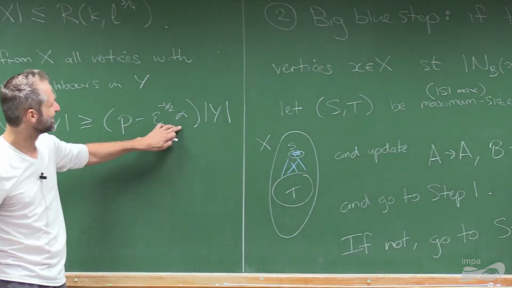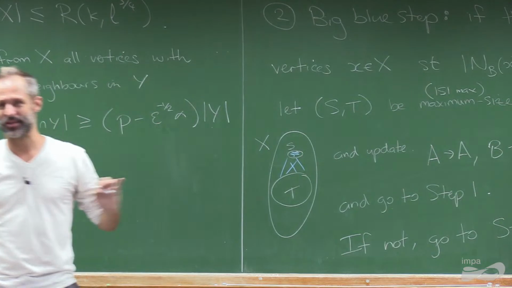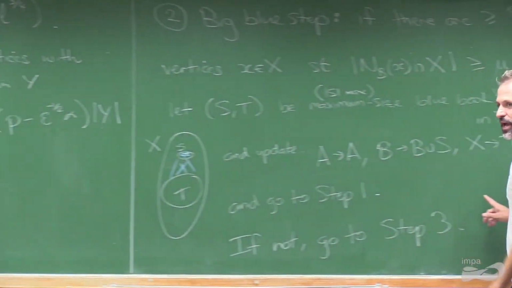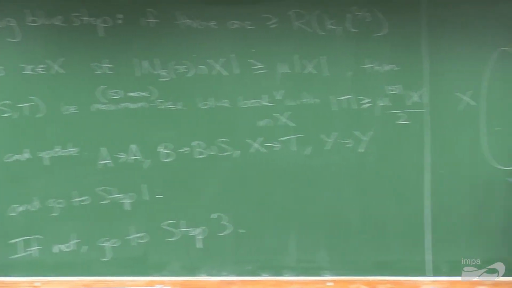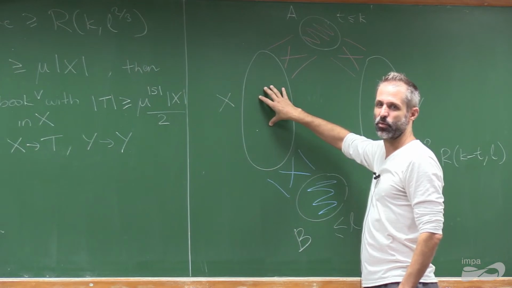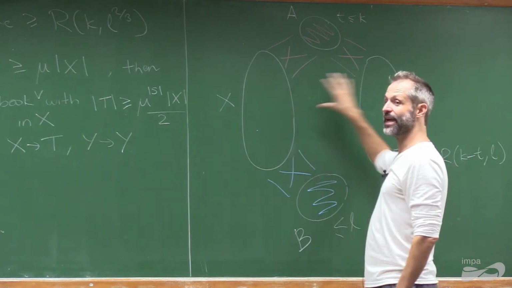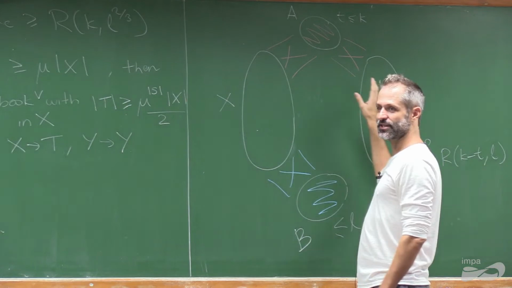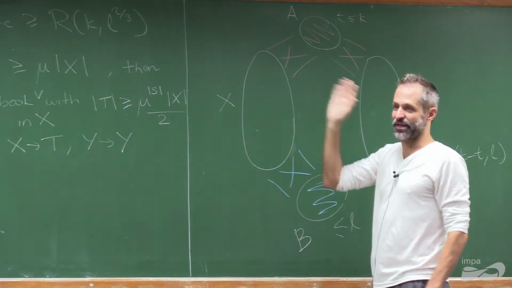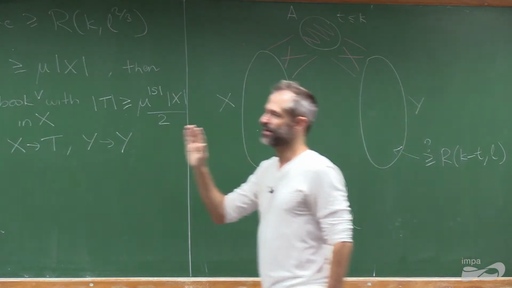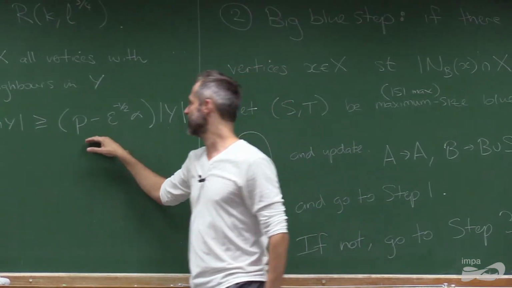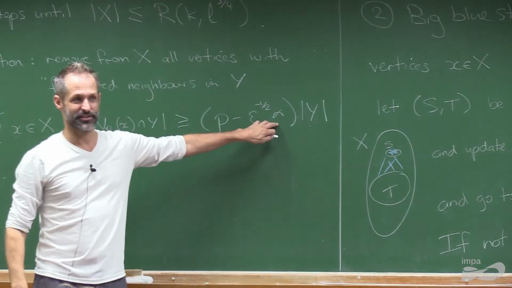So what happens in the blue step? What happens to P in particular? We're replacing X by this essentially arbitrary subset of it. So what's our lower bound on P afterwards? The density of red edges between the new X and Y. It's just the minimum degree condition. This is our bound on the density of the new P, and this is a lot.